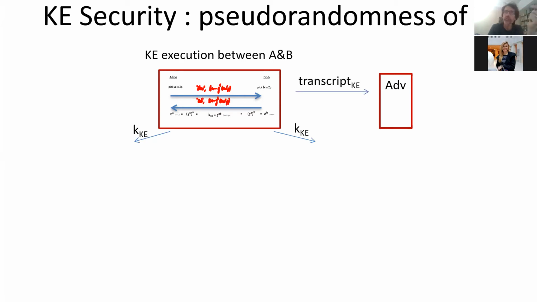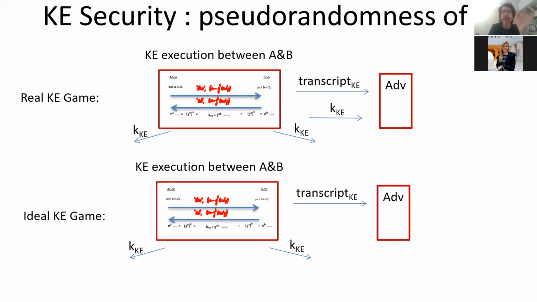In one experiment he's given the transcript and the right key. This is like a real key exchange game: the key exchange executes, the attacker sees the transcript, then the two good guys, Alice and Bob, output the key. The attacker also sees that. The attacker sees everything.